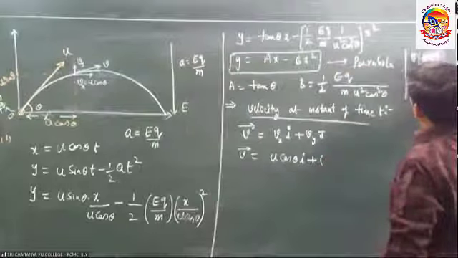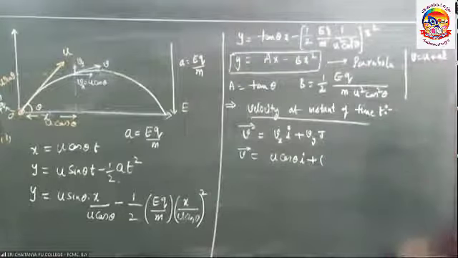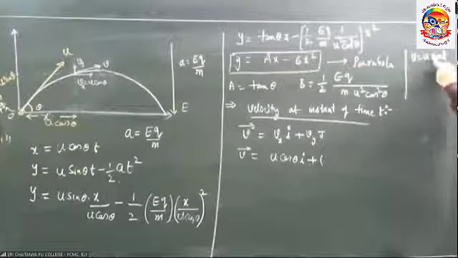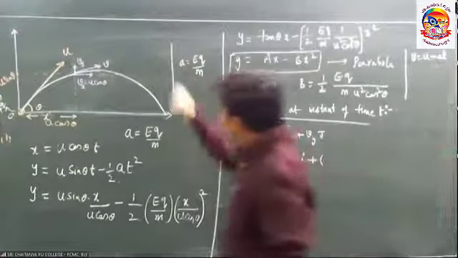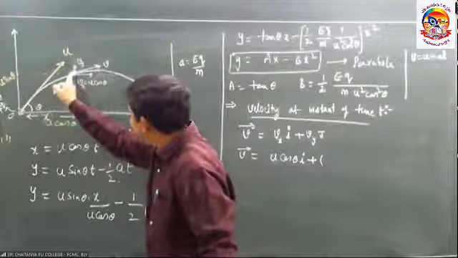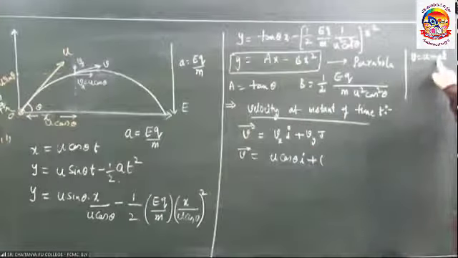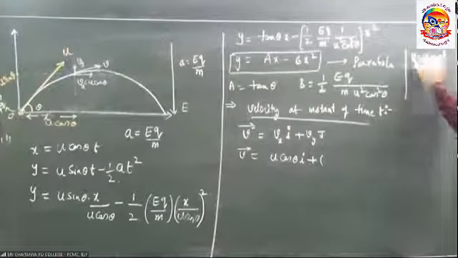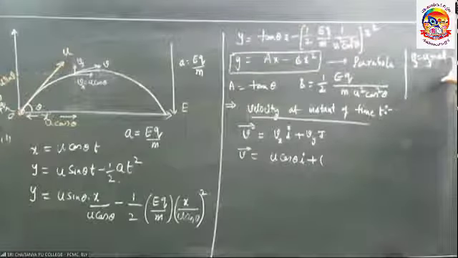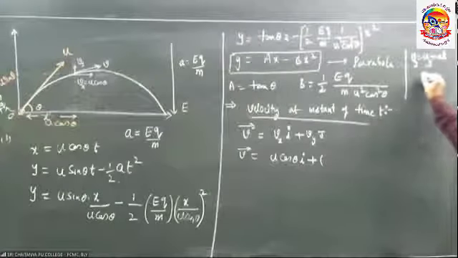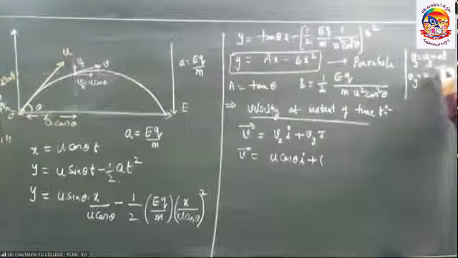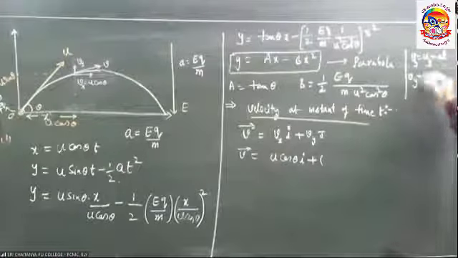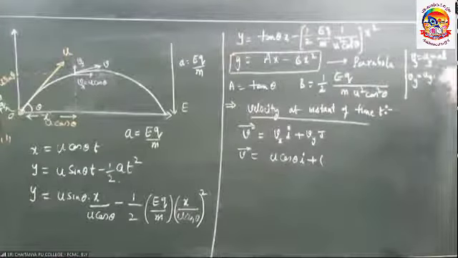We have a formula v is equal to u plus at. As it is moving up, the field is acting down. As it is moving up at this point, acceleration is negative. Vy is equal to uy minus at. From this, Vy is equal to uy minus eq by m into t.